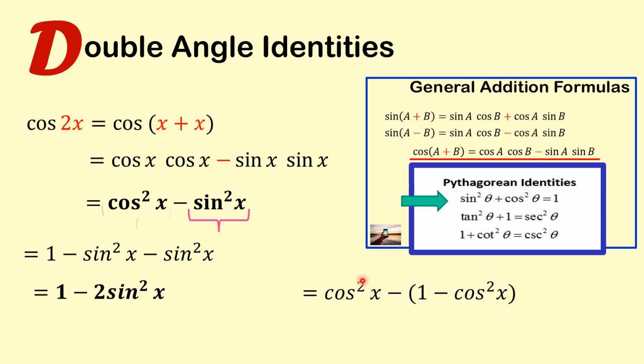So, pwede nating ilabas to, magiging minus 1, tas cosine squared plus, magiging plus cosine squared. So, dalawang cosine squared x minus 1. And this is the third version of the formula for cosine 2x. Again, you can opt to take a picture of this slide to include in your e-notes. Okay. So, ayun po, 2 cosine squared x minus 1, 1 minus 2 sine squared x, and coming from cosine squared minus sine squared x. Kung bakit naging ganito, ginamitan ng Pythagorean identity.